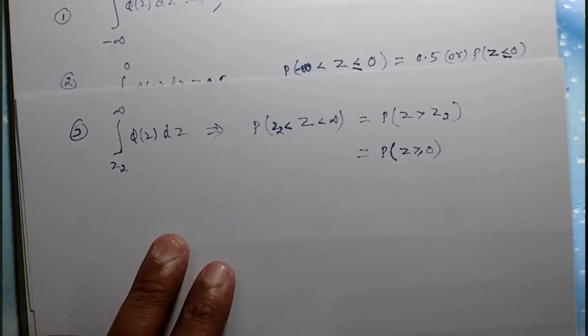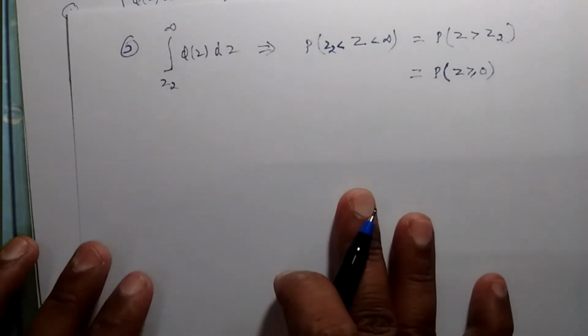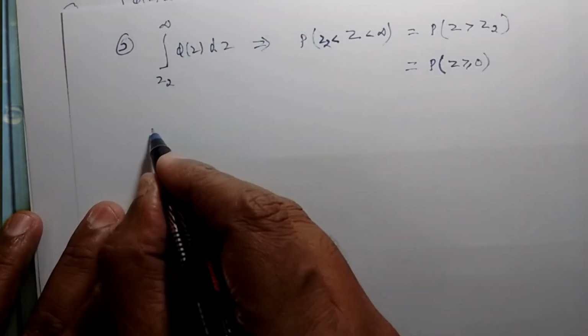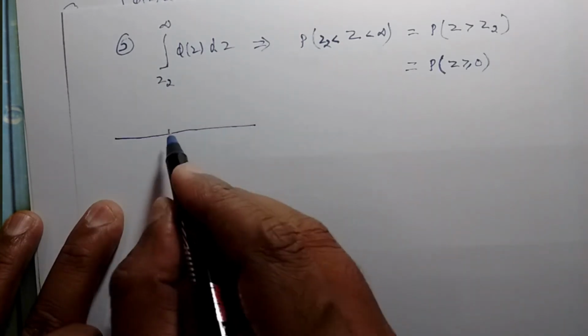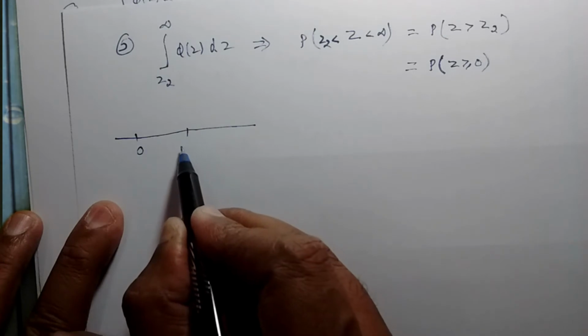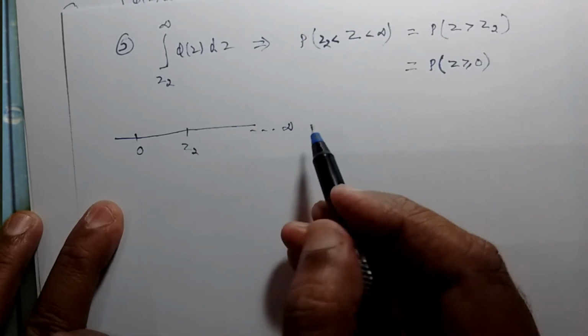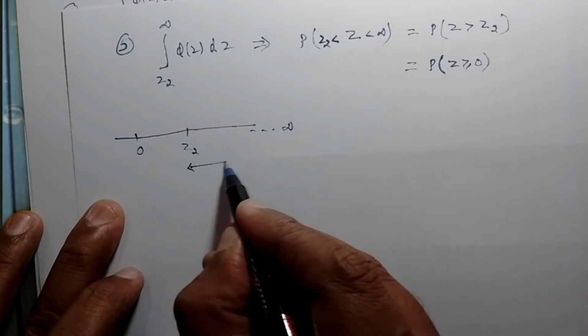Suppose you take the value of z over here: you have 0, here you have z2, and somewhere over here you have infinity. The value we need is from z2 to infinity.